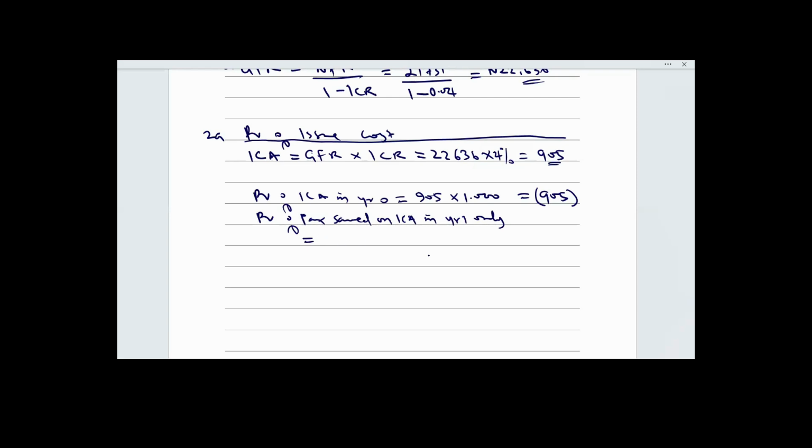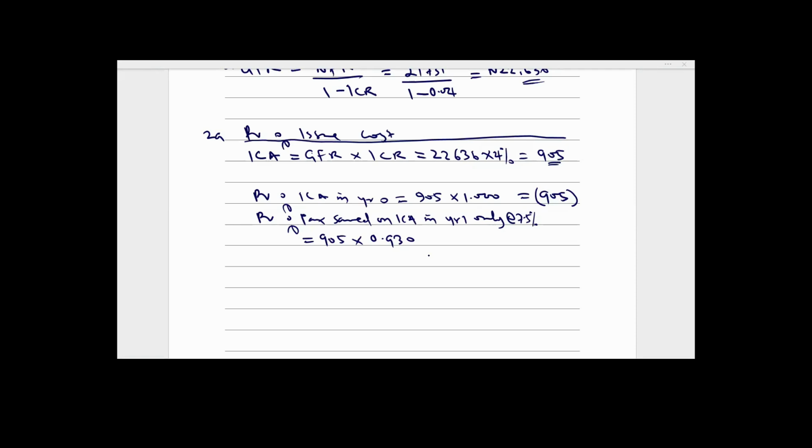So that will be the issue cost amount of 905 multiplied by the discount factor of year 1 at 7.5%. This discount factor of year 1, 1.075 raised to power minus 1, is 0.930. So multiply that with 905. 905 multiplied by 0.930 equals 840.